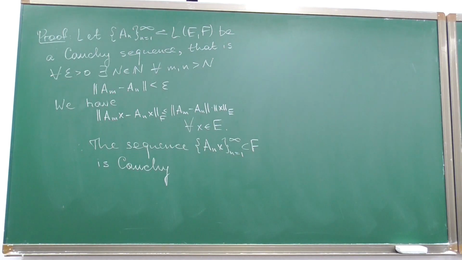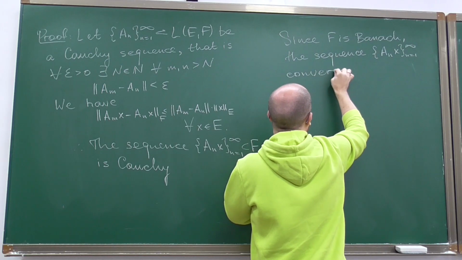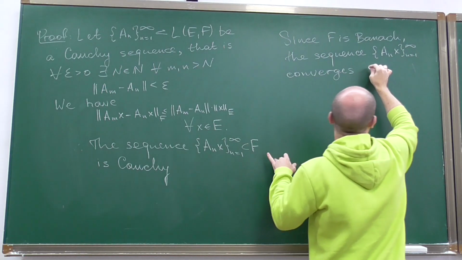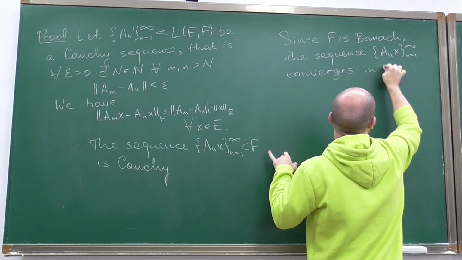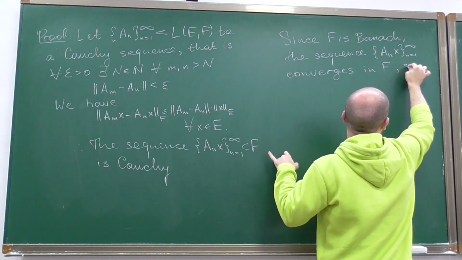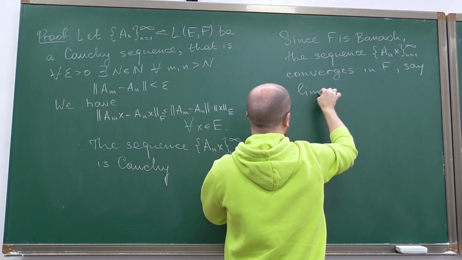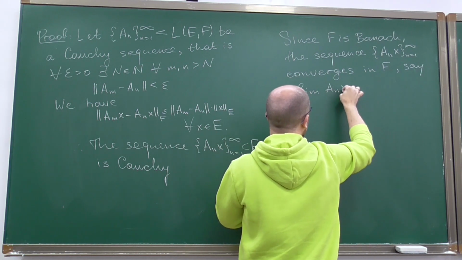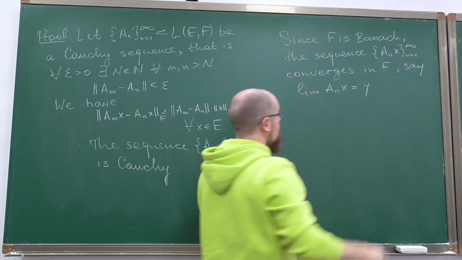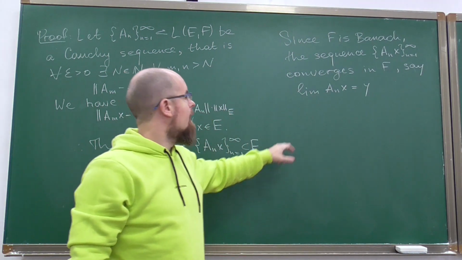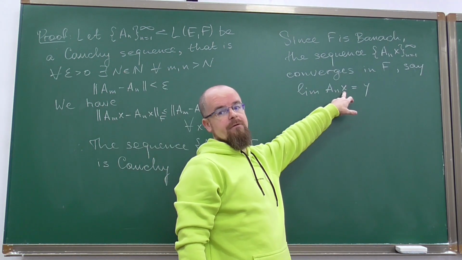And the space F is a Banach space, which means that every Cauchy sequence converges to an element of F. Say the limit of A_n x equals some point y which depends on x.